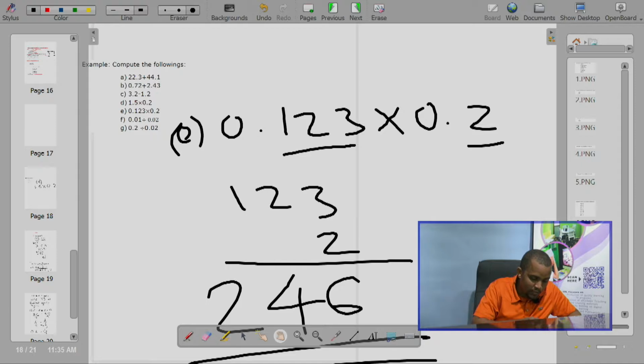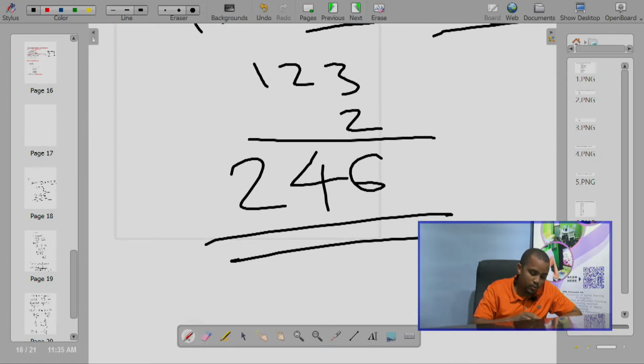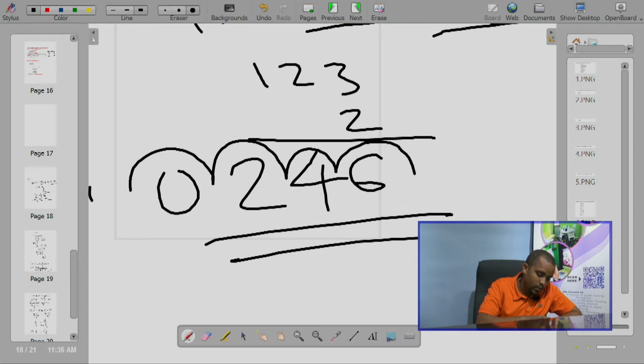If you look at the first decimal, after the point there are 3 digits, 1, 2, 3, and in the other number after the point we see 1 digit. So together we'll have 4 digits. So let's move the point 4 digits backward, 1, 2, 3, 4.